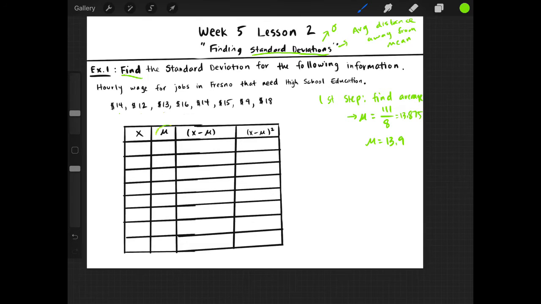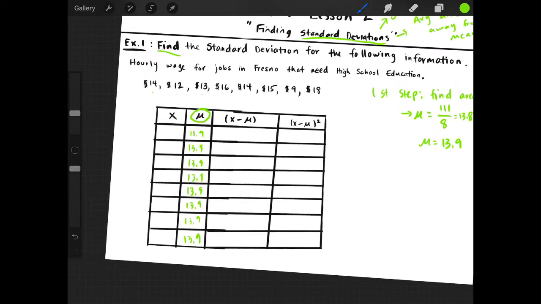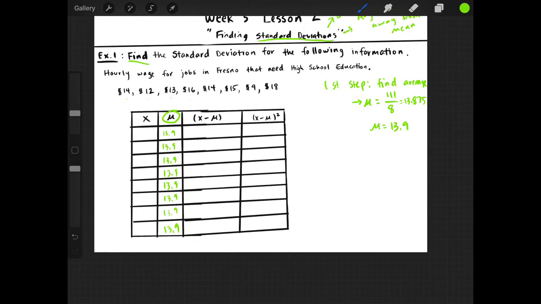That's your first step. Now, notice over here in our table, we have that same symbol, mu, that we use for the average. So right there, we're going to put the average in all of the boxes. I'm going to put 13.9 in all of these. As you go through this, you're going to notice some repetitive things. If you just want to write 13.9 and draw an arrow, knowing that you're going to use 13.9 for all of them, then do that.